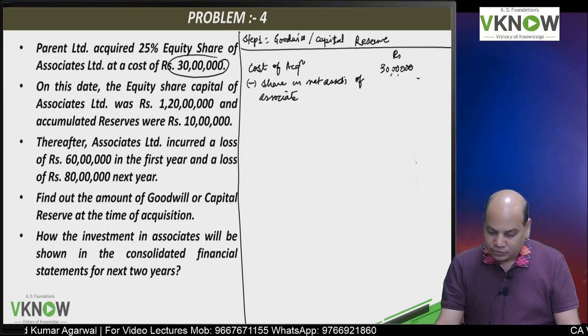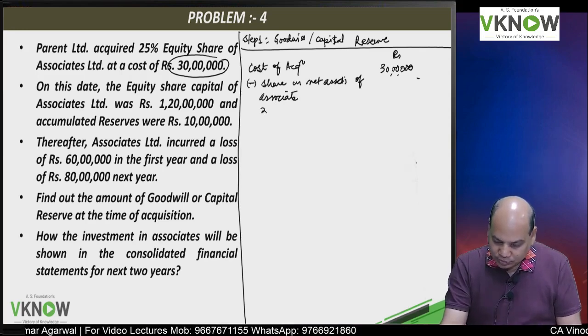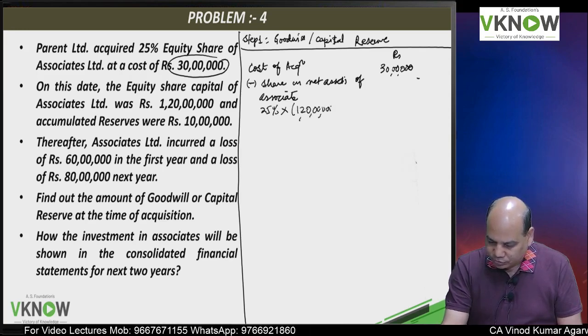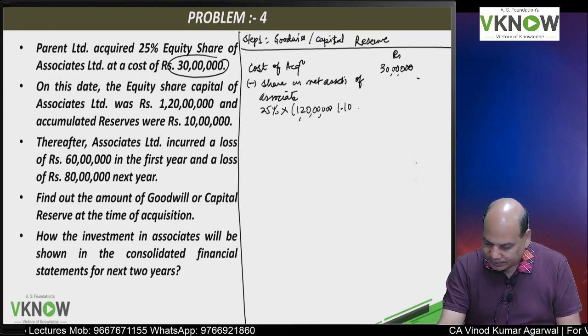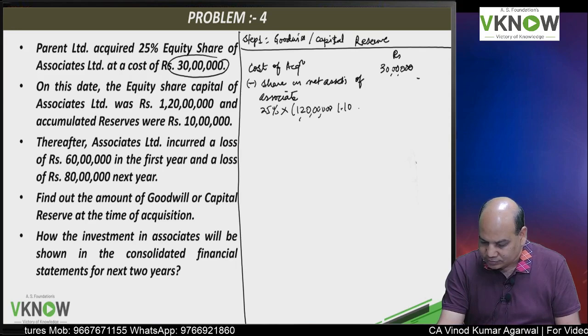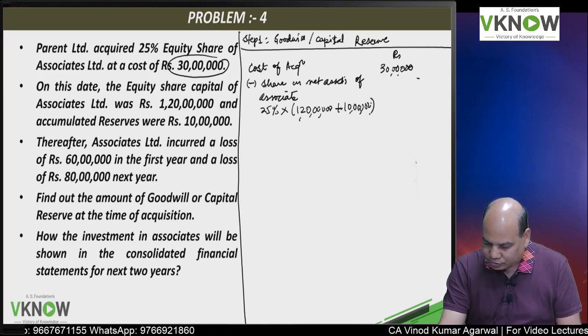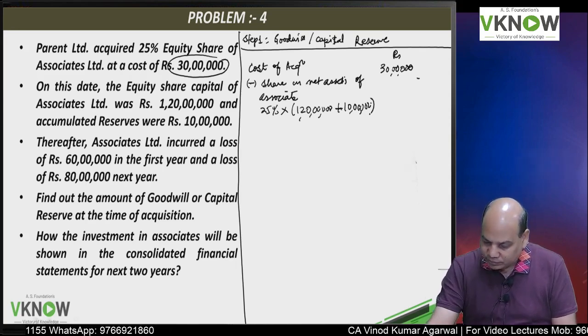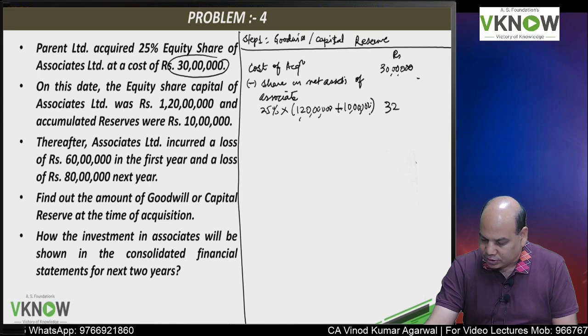Share in net asset of associate, which is again 25% into 1 crore 20 lakh is share capital and 10 lakh is the reserve. 1 crore 30 lakh into 25%, it is 32 lakh 50,000.